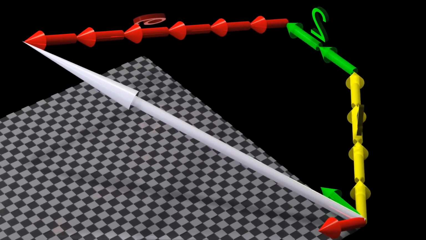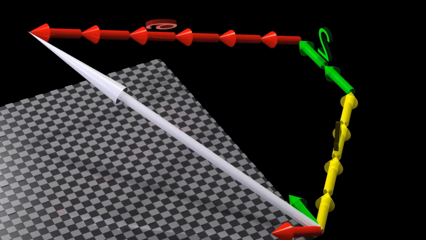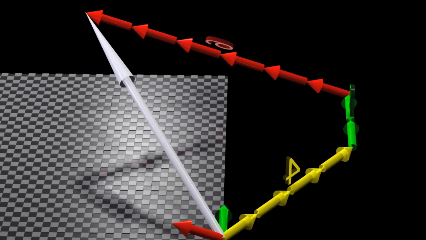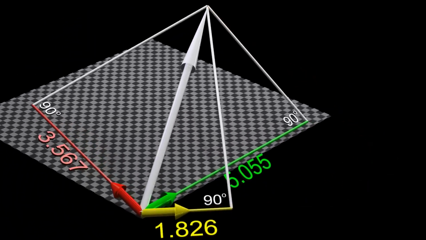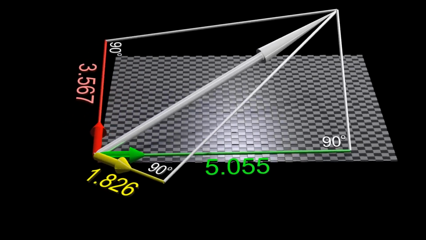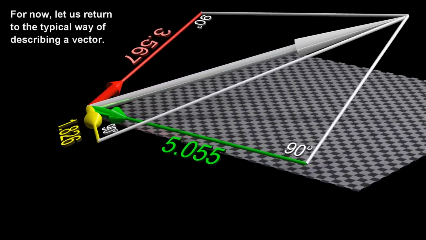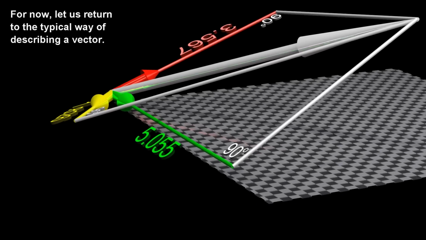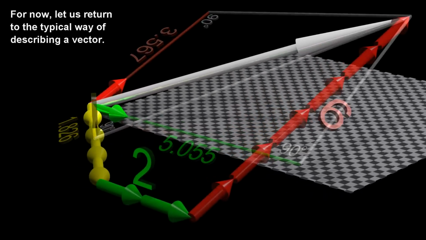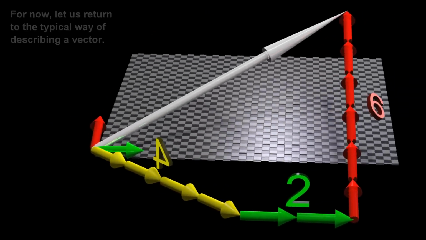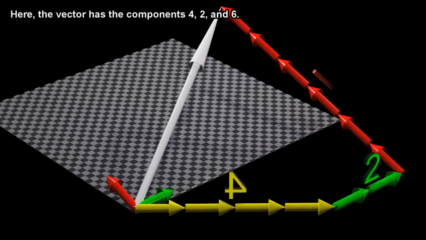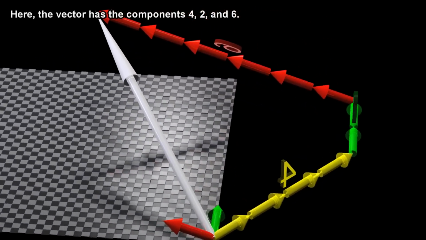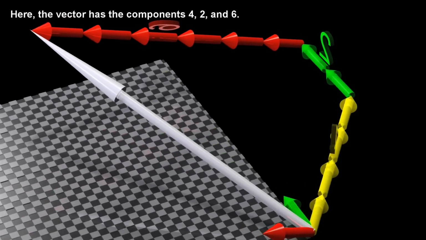This is by taking the dot product of the vector with each of the basis vectors. For now, let us return to the typical way of describing a vector. Here, the vector has the components 4, 2, and 6.